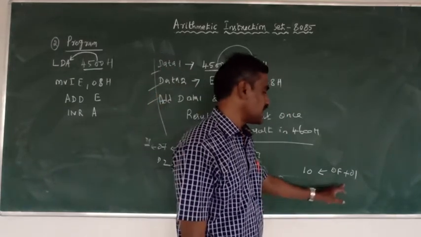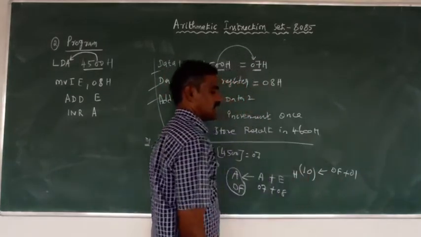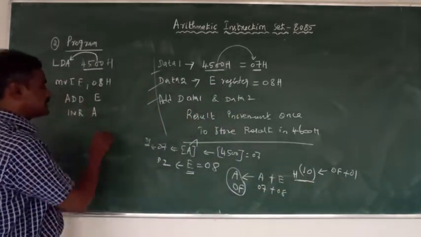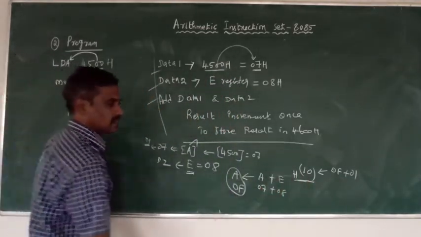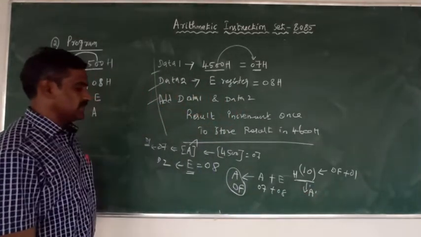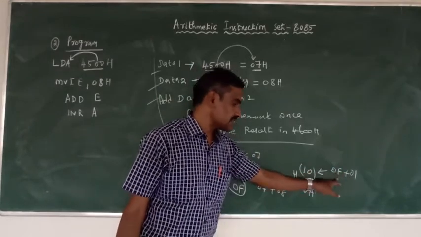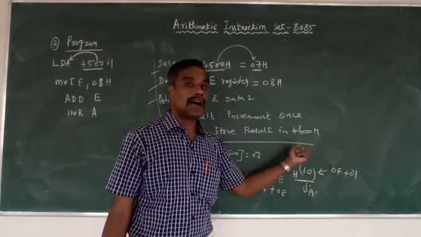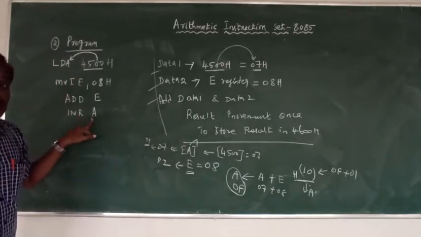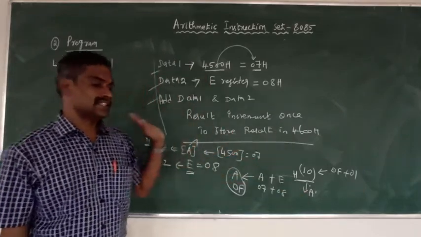The corresponding hexa value is 10. This 10 is available in the A register. INR A increments the A register content a single time, and the result is stored in the accumulator itself.